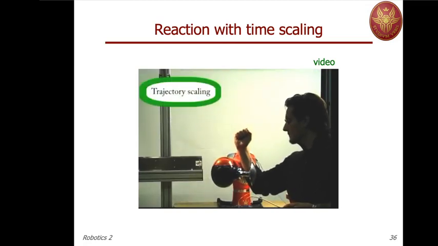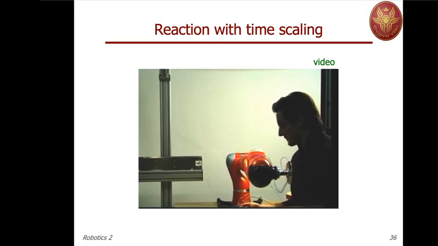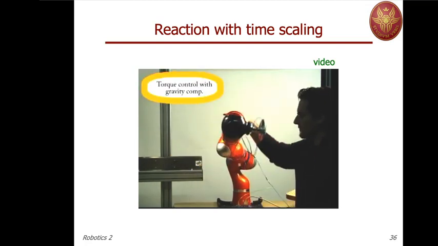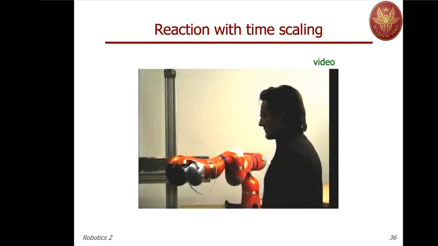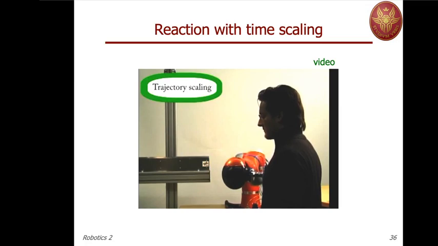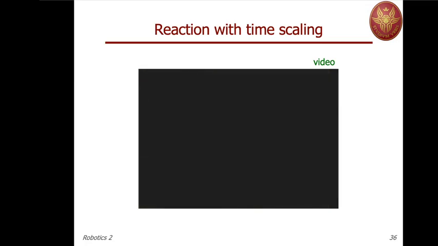So in this case, it just stops, returns, and the trajectory is resumed as soon as possible. But if you push too hard, then you have this type of reflex reaction. Again, the trajectory is scaled and stops, but if it receives a strong push, then the reflex action takes the lead and the task is fully abandoned.